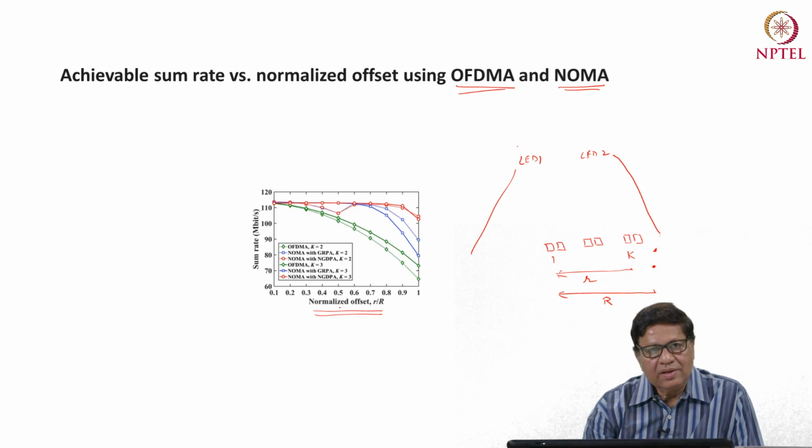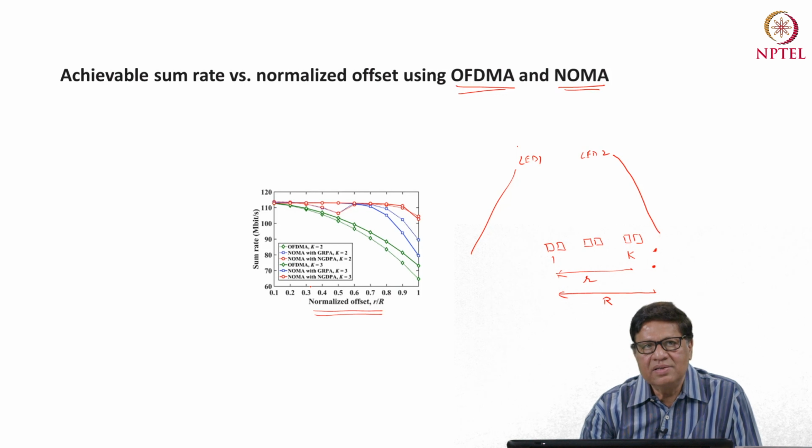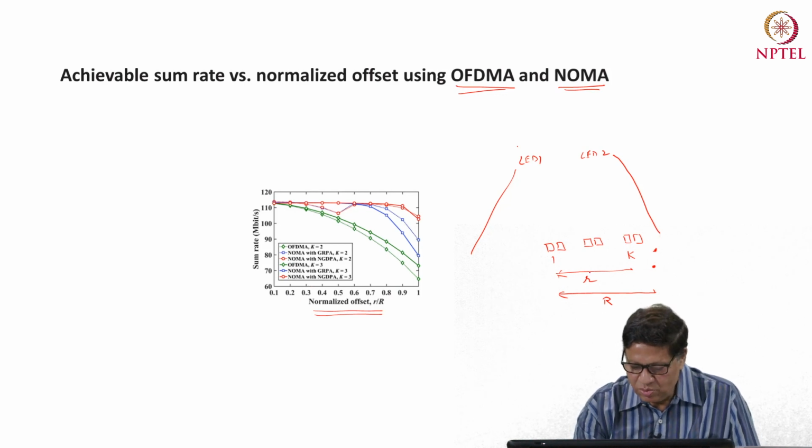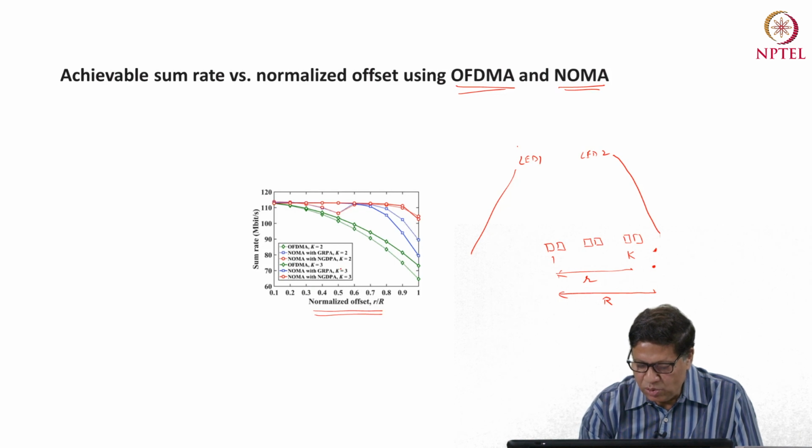So this is what it shows. Basically it tells you the sum rate at different points in the room. So if I have only 2 users, for example, and OFDM, this is normal OFDM, this is not NOMA. So this is shown by this.